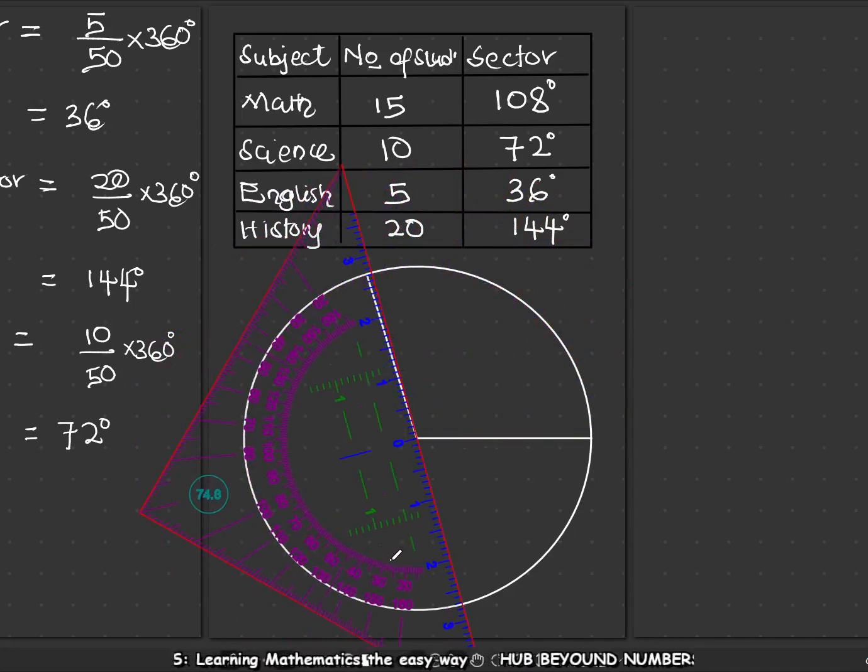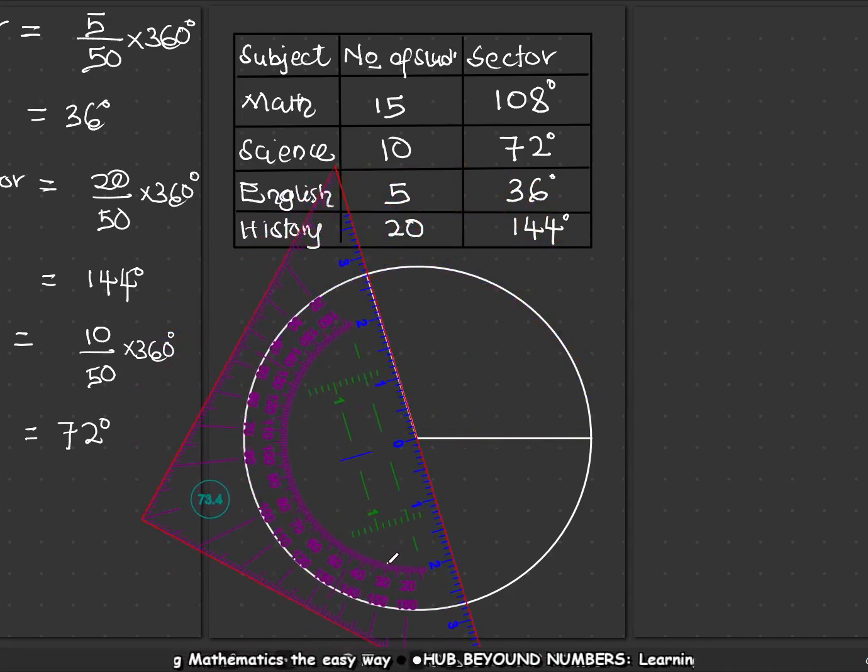The science is what? 72 degrees. So you can choose to take off your protractor, but you make sure that for your next measurement, the base of your protractor is on this line over here. You see? So this is where the base of my protractor is supposed to be. And I want to measure 72.